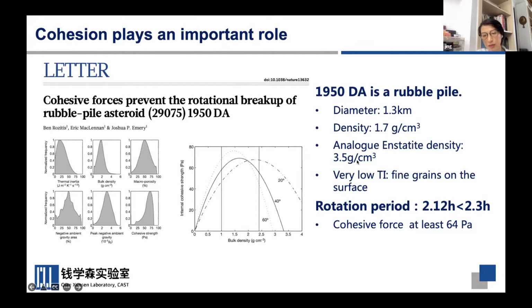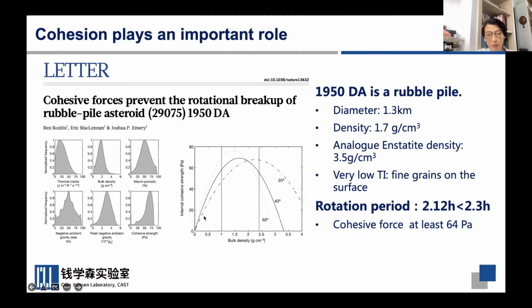So we can see its macroporosity is very big, over 50 percent. So it must be a rubble pile, but it spins pretty fast, shorter than 2.4 hours.